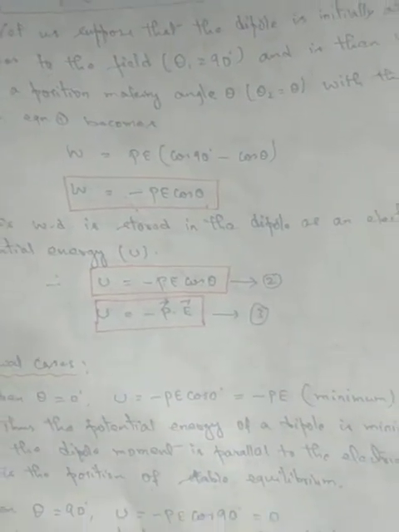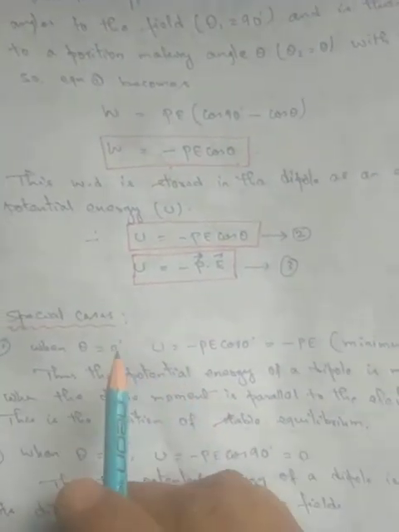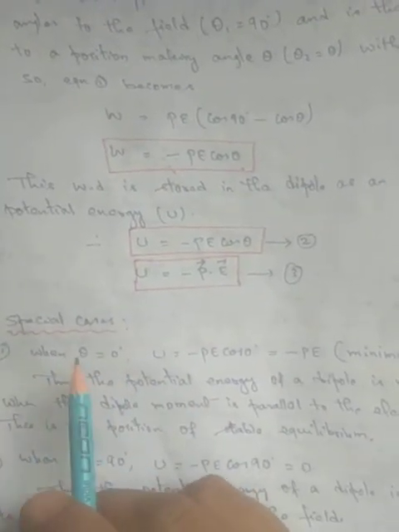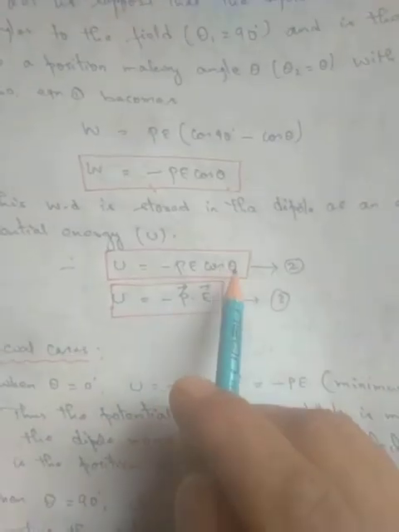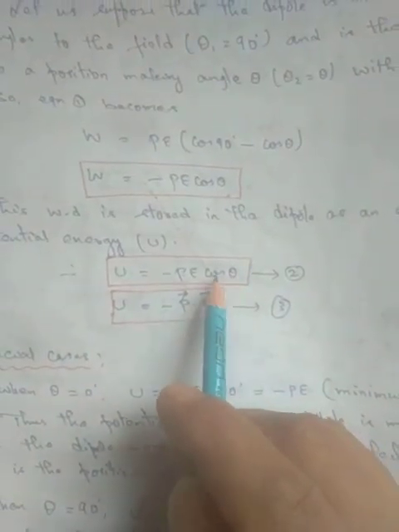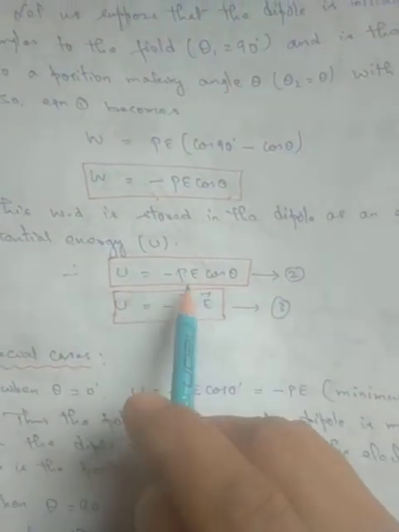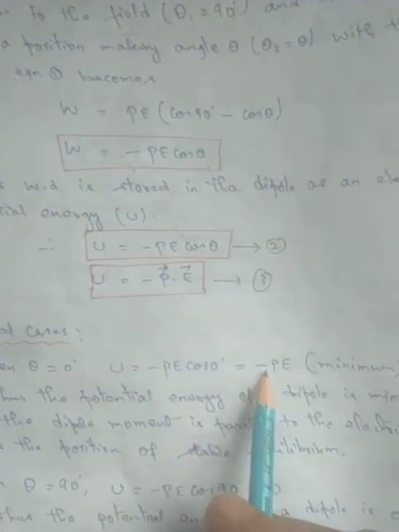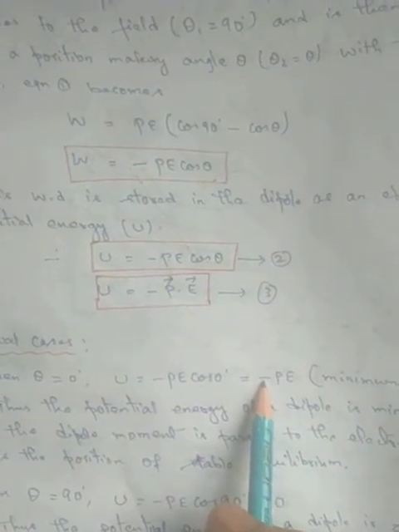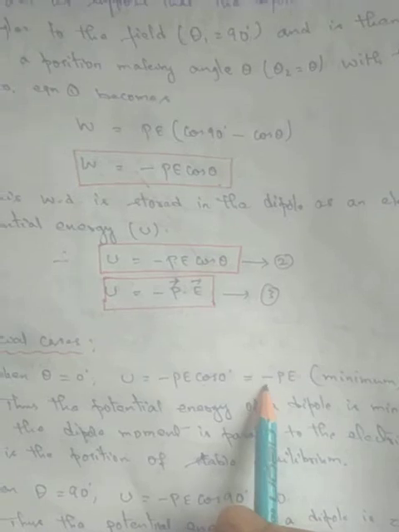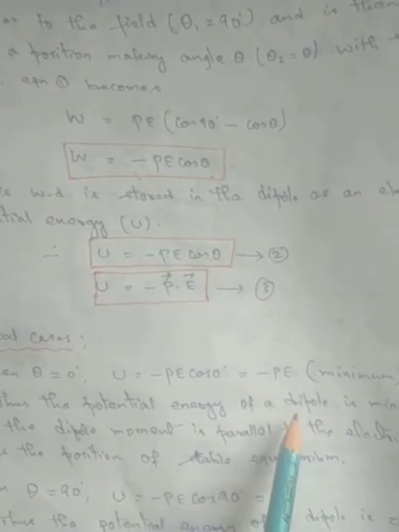Now let us look at the special cases. Number 1, when theta equals 0 degrees, if you put theta equals 0 degrees here, then cos 0 is 1, so you'll get U is equal to minus PE. Because of the presence of this minus, it means the potential energy of a dipole is minimum.